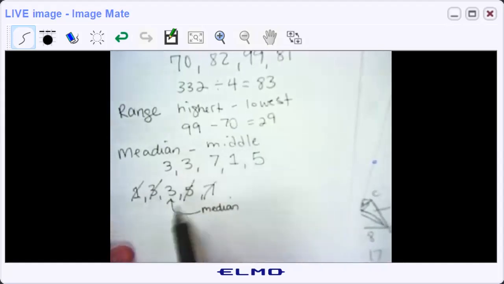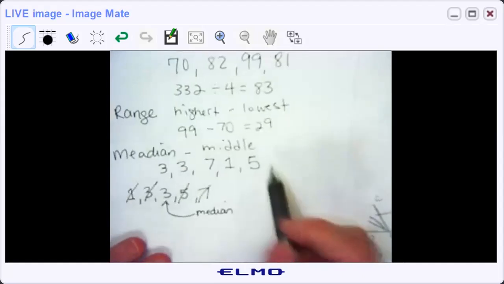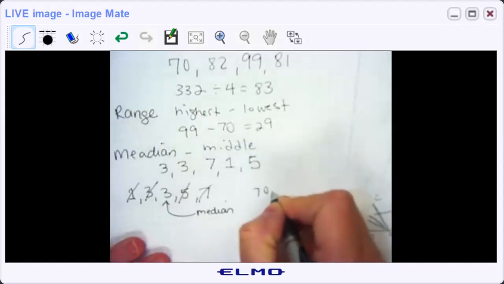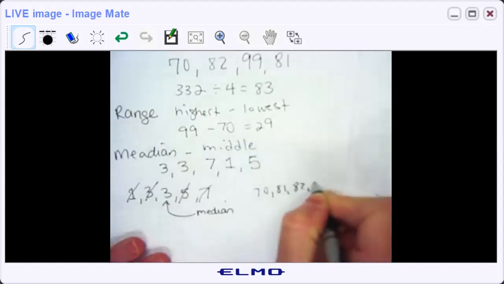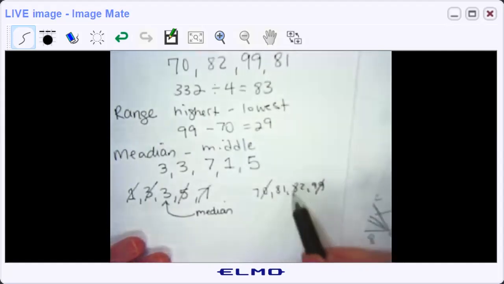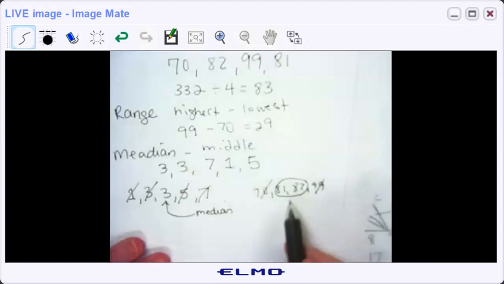If it's an even number of data, let's go back up to our test score example from earlier. If we have this even number of data, let's put them in order. Cross off low, cross off high. Well, if I cross off these 2, there's nothing left. So I don't even cross these off. I just leave these 2 uncrossed. And I need to find the middle of these 2 numbers.